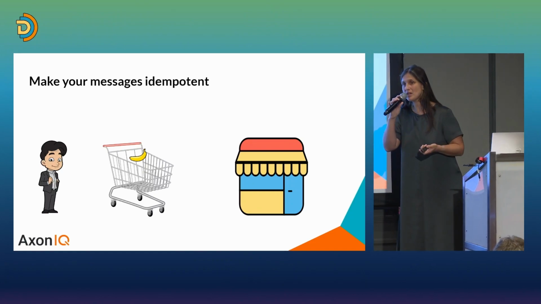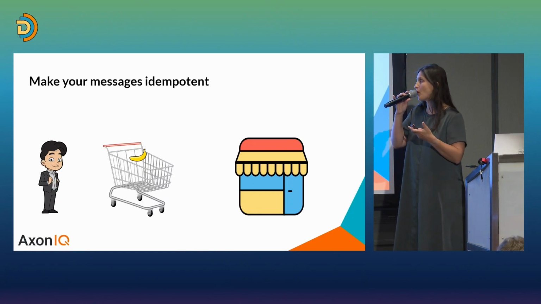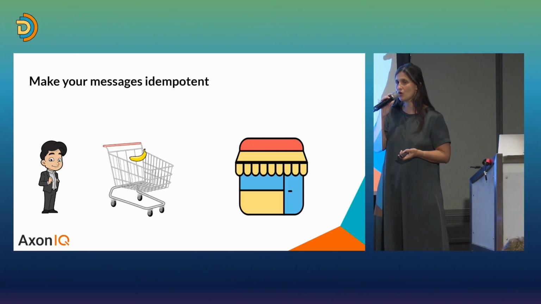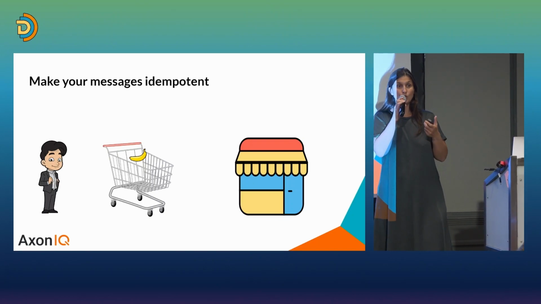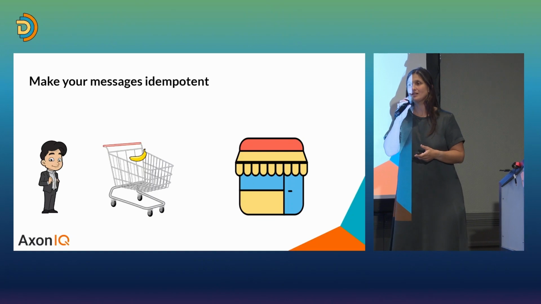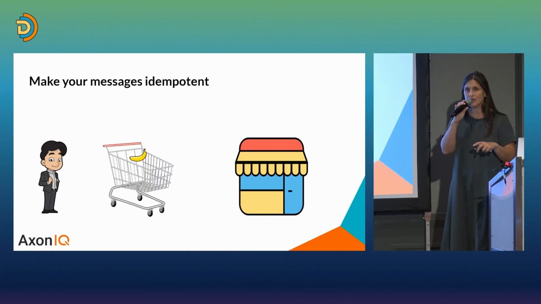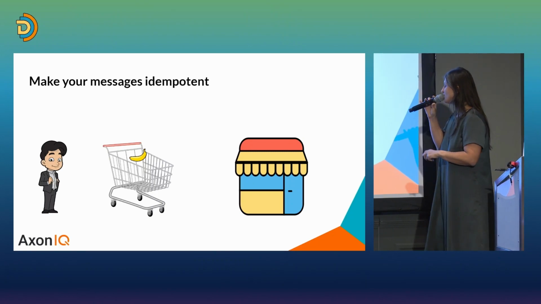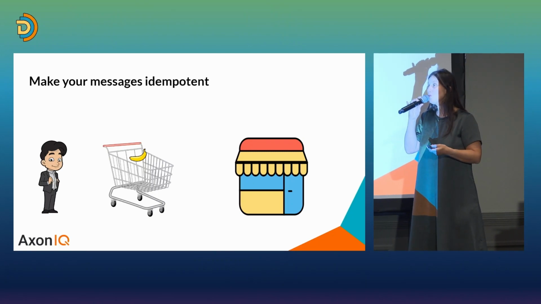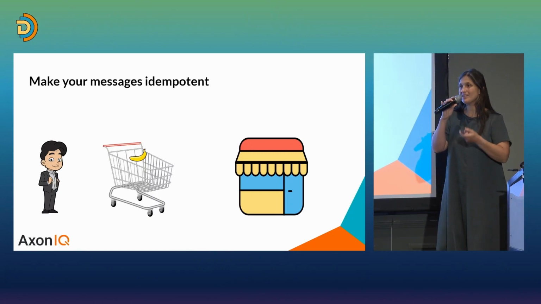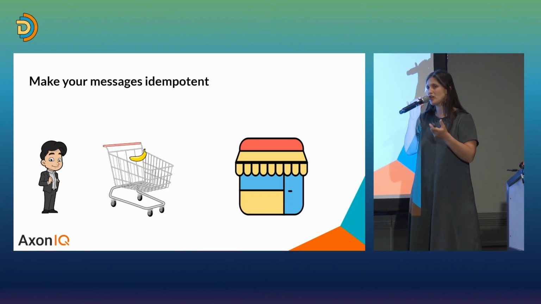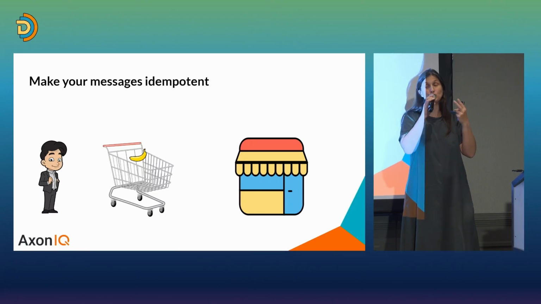What does idempotence mean? Idempotence is a property of a function such that no matter how many times you invoke it, you obtain exactly the same result. So let's see an example in our e-commerce system. Someone wants to buy a banana, but after some time changes their mind and decides to buy 2 bananas.